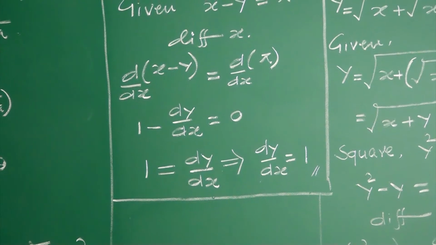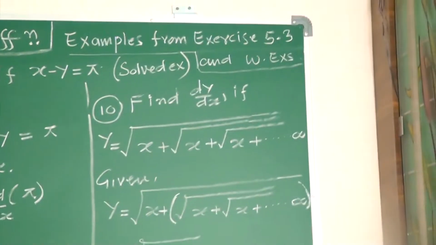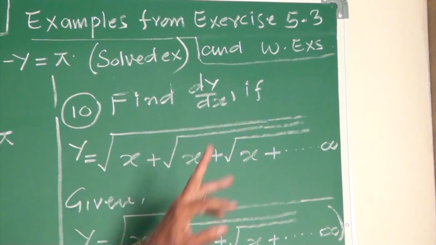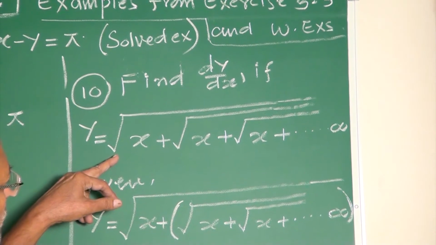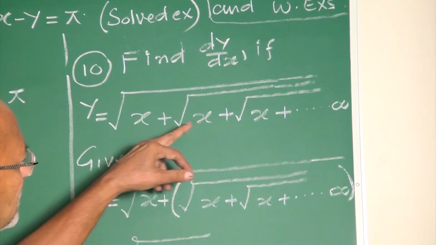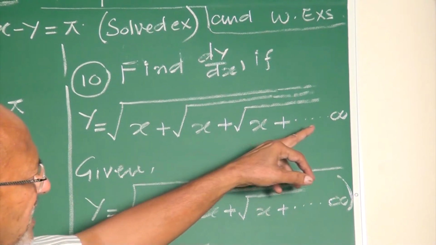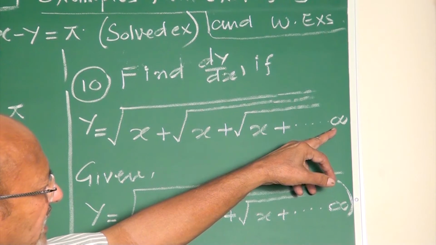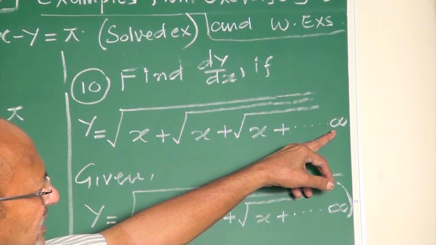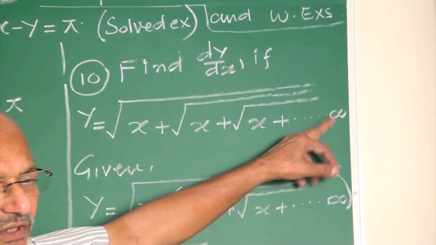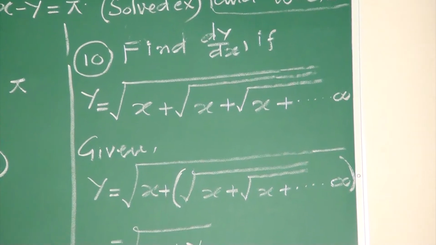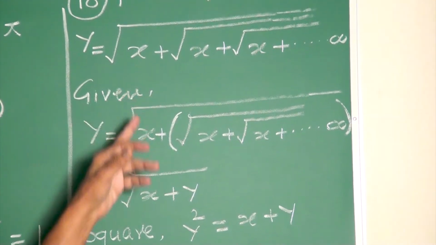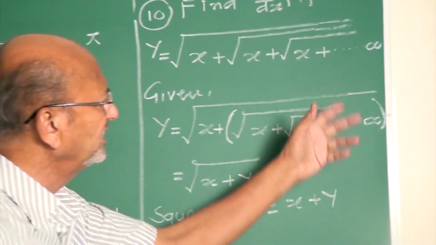Next, my friend, 10th example. Find dy by dx if y equal to root x plus root x plus root x and so on. When RHS contains infinite number of terms, while writing, I have written this x separate and remaining separate.